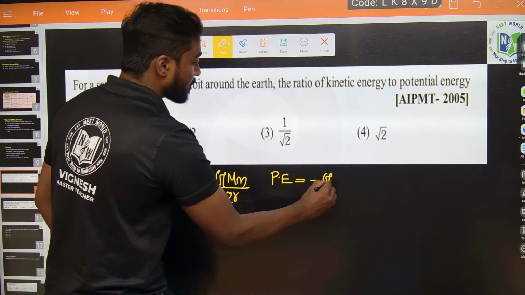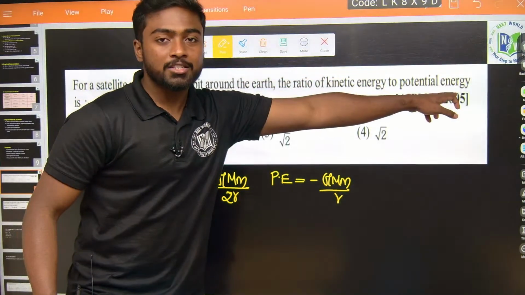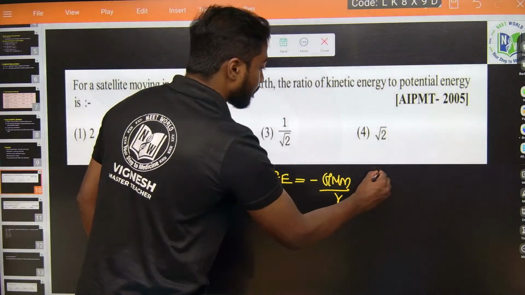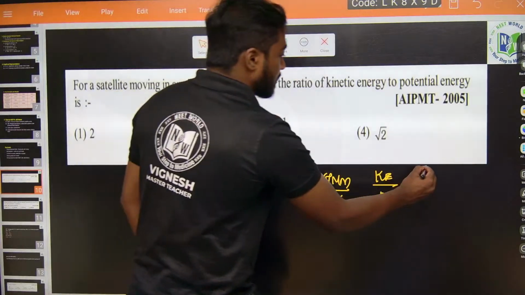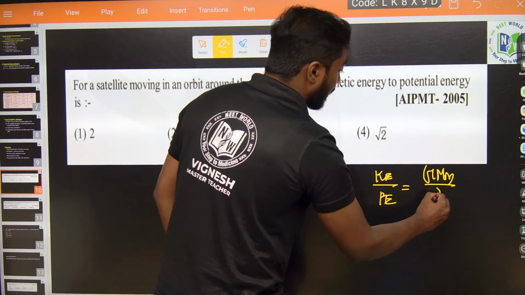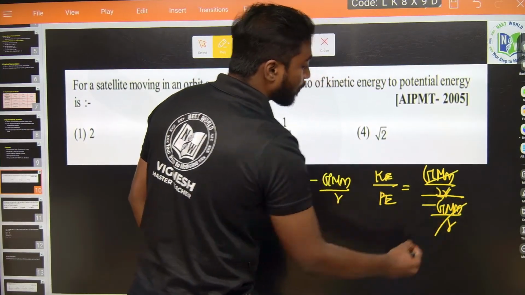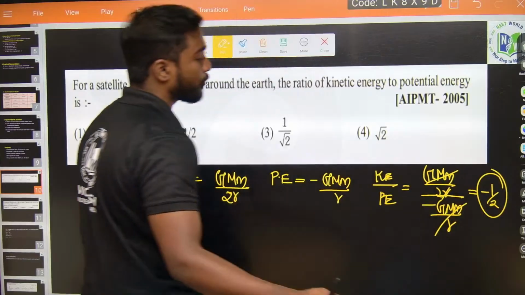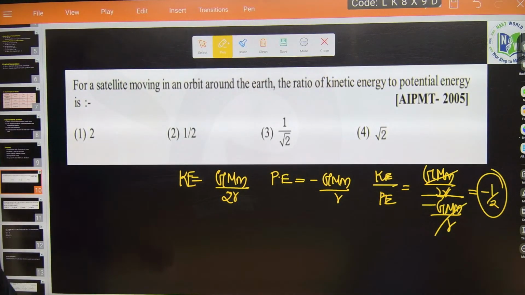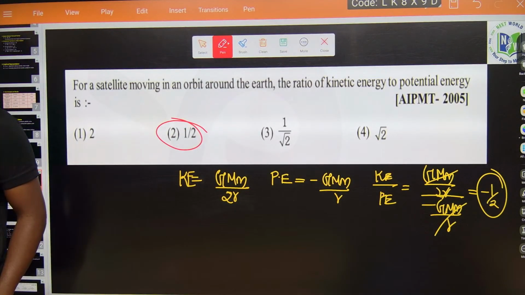So potential energy is minus GMm by R. They are asking kinetic energy to the potential energy, so kinetic energy divided by the potential energy equals GMm by 2R divided by minus GMm by R. Where I can cancel GMm by R, I'll get the final answer as minus 1 by 2. I need only the magnitude, not the direction. So what will be the answer? The answer is option 2, 1 by 2. Yeah, it's correct. Option B is the answer.